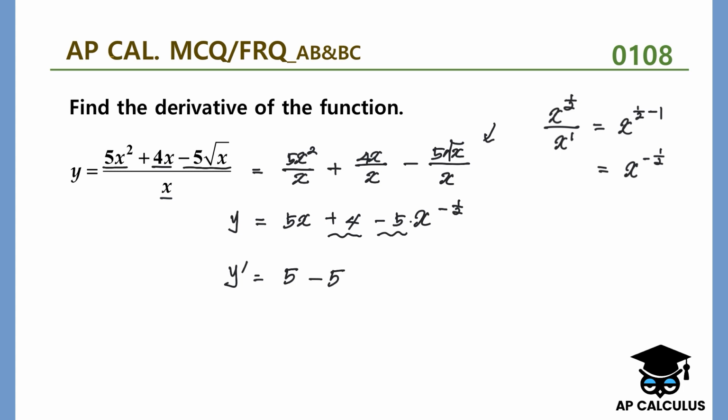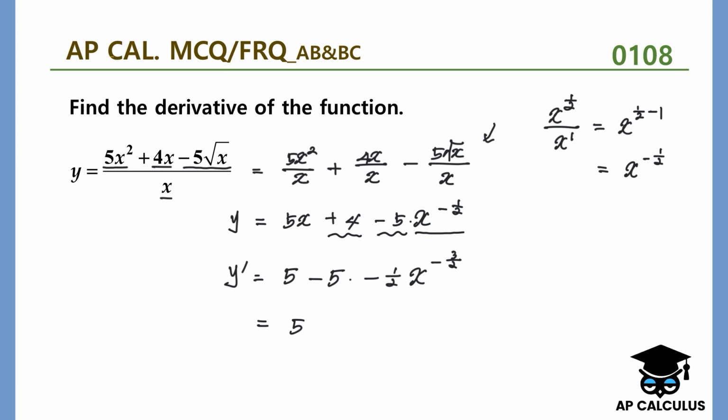we have to apply the power rule to find the derivative of this, right? So negative 1/2 x, negative 1/2 minus 1, that's negative 3/2, right? So far so good. So that's going to be equal to 5 here, minus times minus, right?